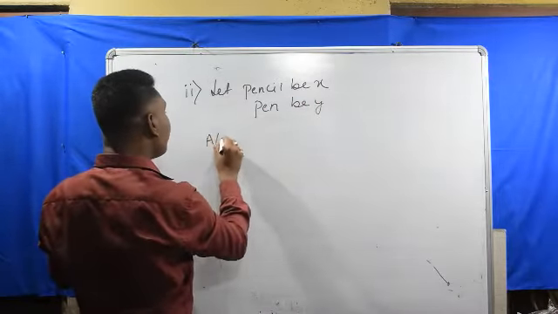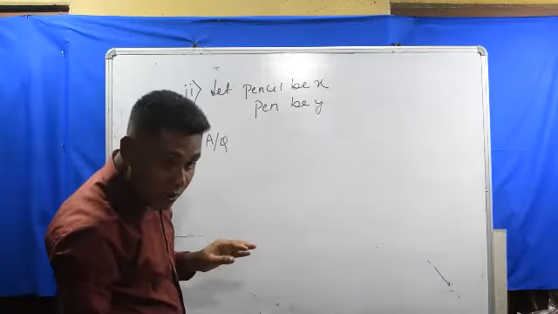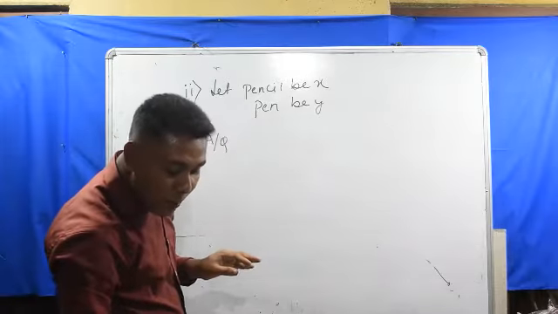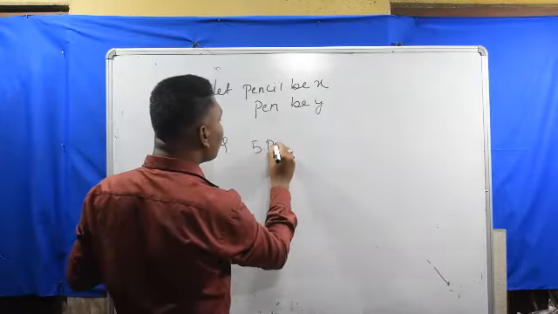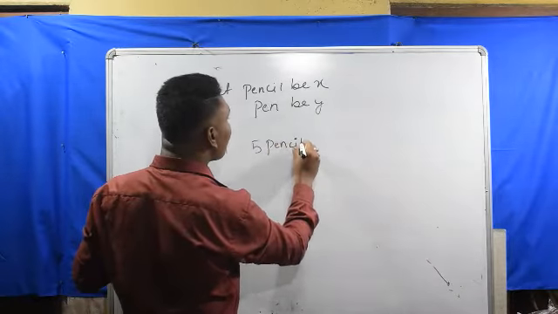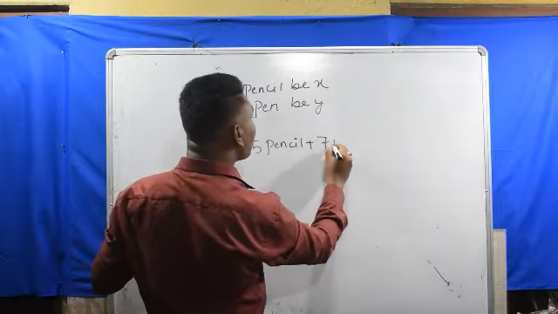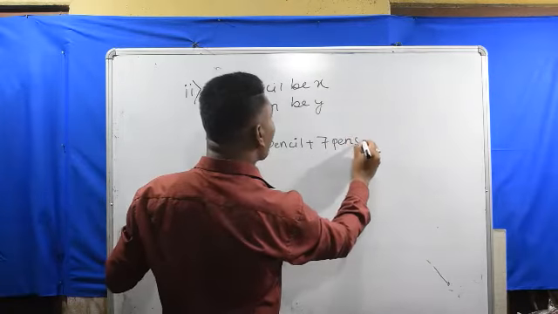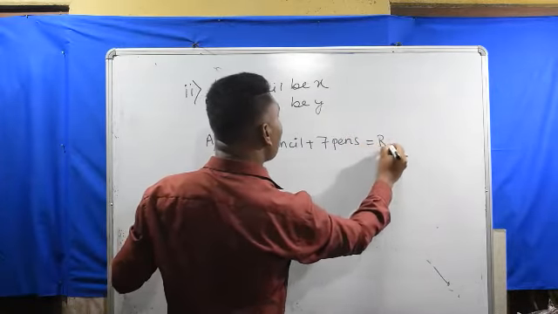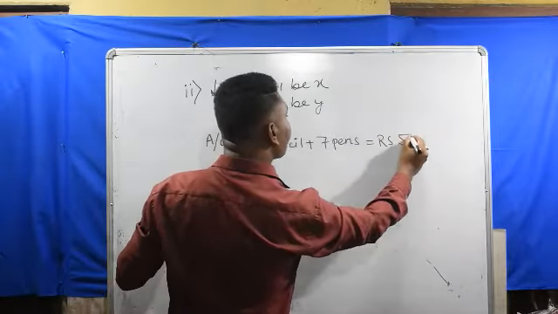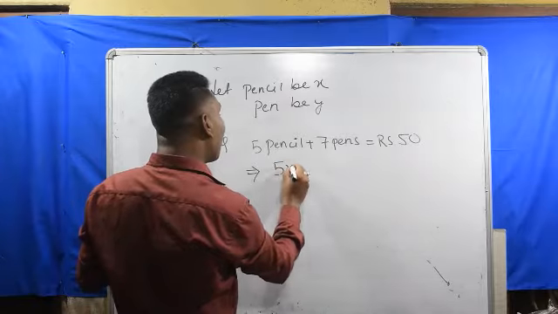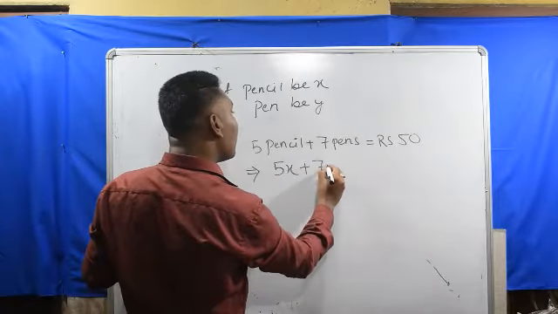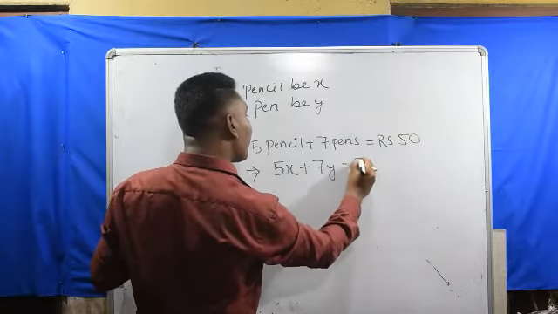According to the question, what is given? 5 pencils plus 7 pens cost rupees 50. So algebraically, 5x plus 7y is equal to 50.